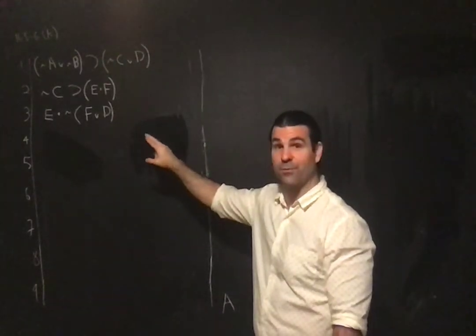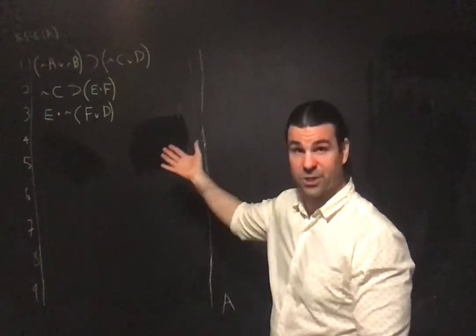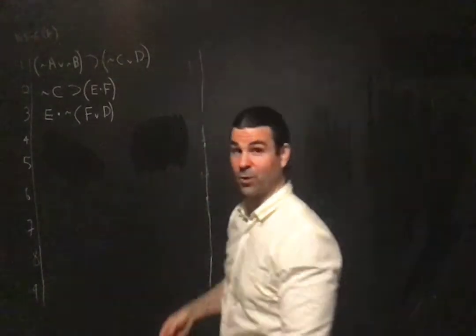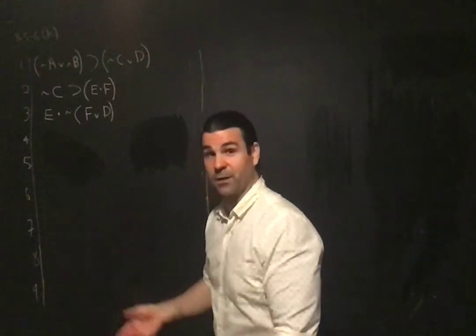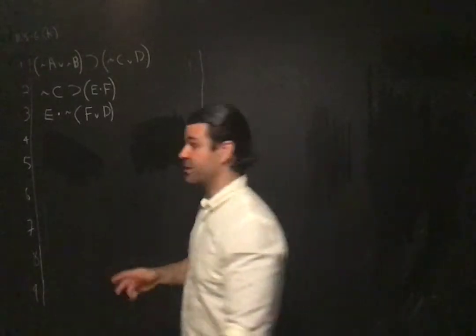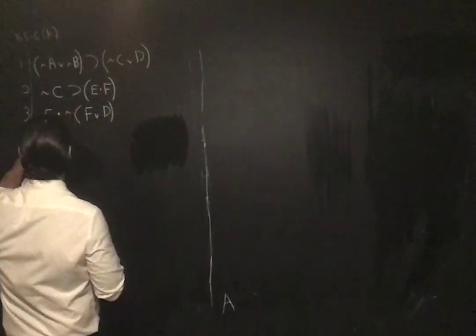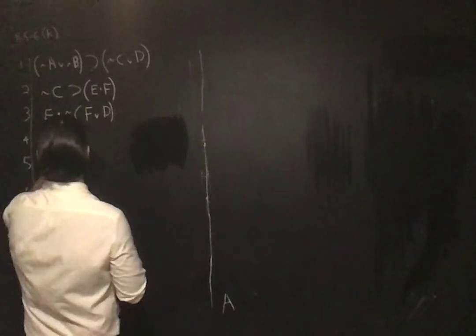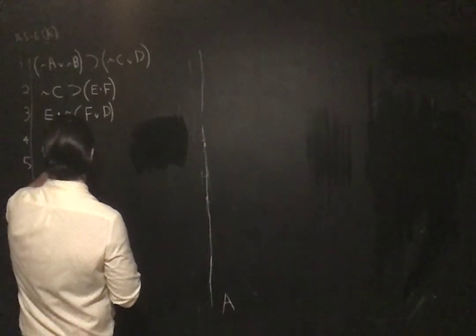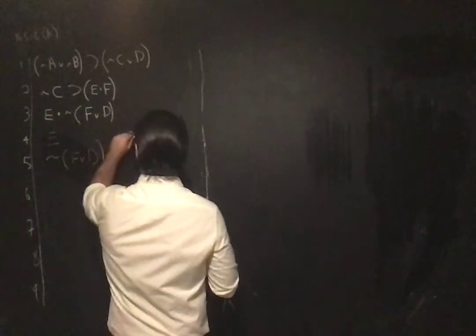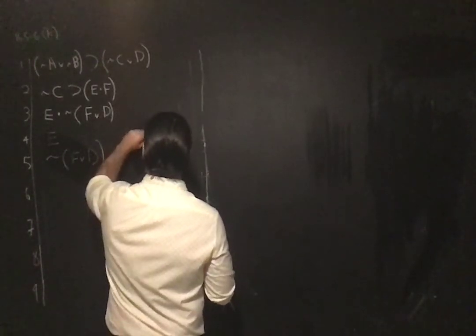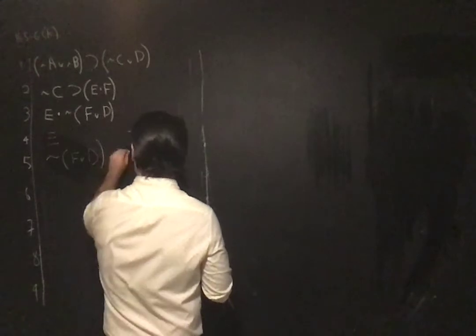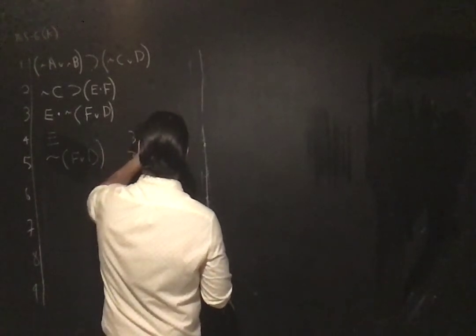You'll notice that 3 is a conjunction, so we might go ahead and automatically simplify, right? Whenever you see a conjunction, you can simplify. Let's write it down. E and negation of F or D, 3 simp, 3 simp.